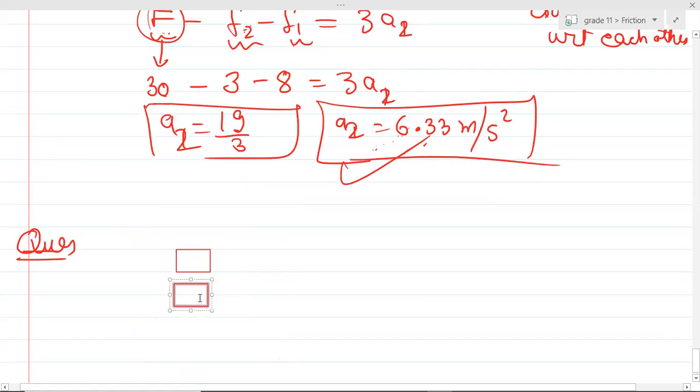Control C, Control V, a slightly bigger and longer block. So this is the second block. And Control C, Control V. So guys, can you see 3 blocks? And then there is a line. This is the line.